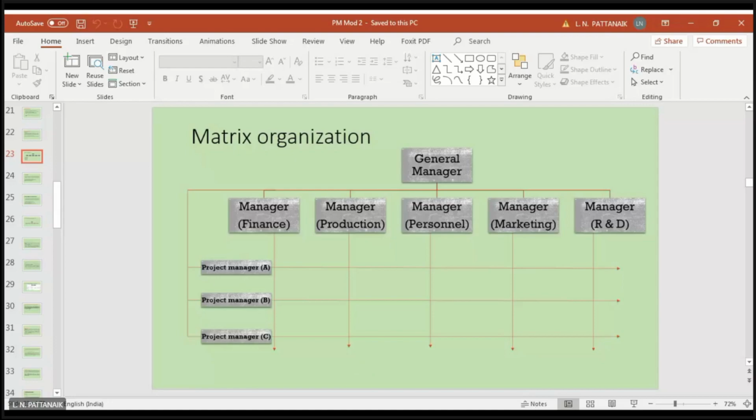Of course, practically, if you look at the organizational structure of any company, they are hardly bound by the kind of academic discussions we are making. They are not bound to follow either functional or product.